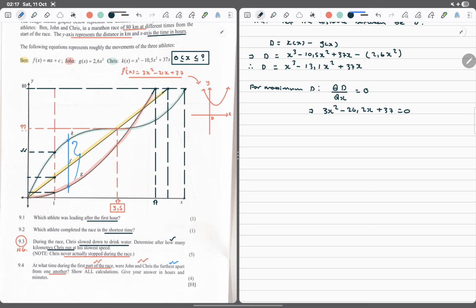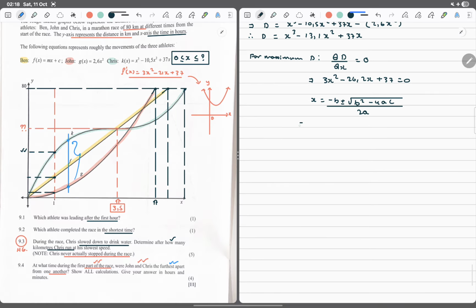Obviously, guys, we just need the quadratic formula here to solve for x. We know that x is minus b plus or minus the square root of b squared minus 4ac all over 2a.